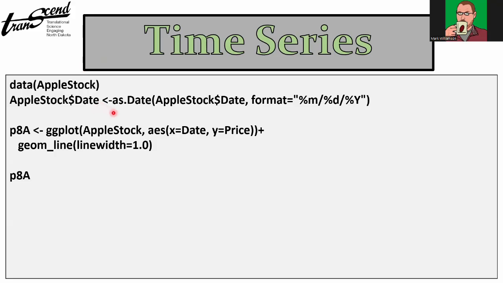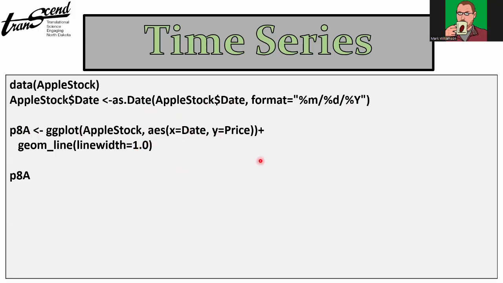Working with dates in R in general can be a little bit finicky. To make this work, you can take the Apple stock date and reset it as a date using a specific format so it actually fits. At least for the Apple stock, the format needs to be month/day/year.